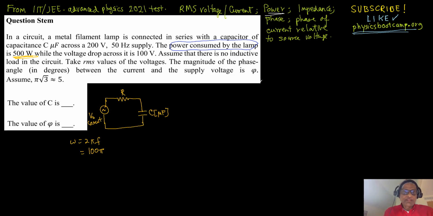Okay, so let's write down all the things we're given. What's given is the source voltage, let's call it V0 RMS, which is 200 volts, and we will also need the voltage drop across the resistor, which I'm going to call VR RMS.